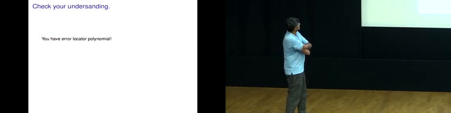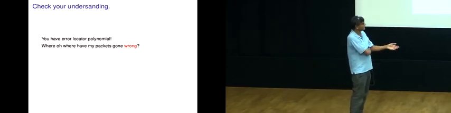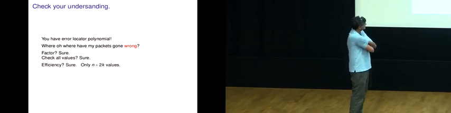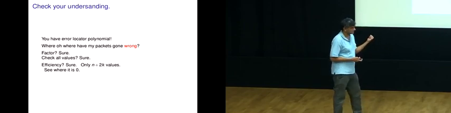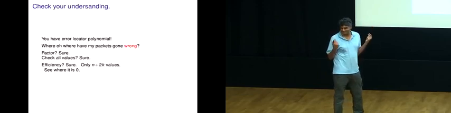Okay, so you have an error locator polynomial, and that's telling you where your packets have gone wrong, right? You can factor, you can check all the values. There's only n plus 2k values, so you just see where it's 0. If you want to figure out where the errors are, you just evaluate the polynomial, and where it's 0 is where the errors are, right?